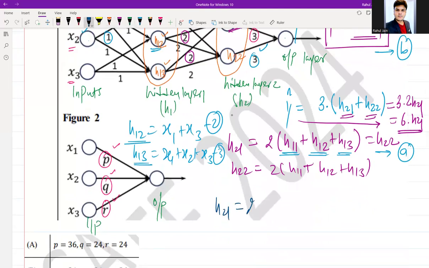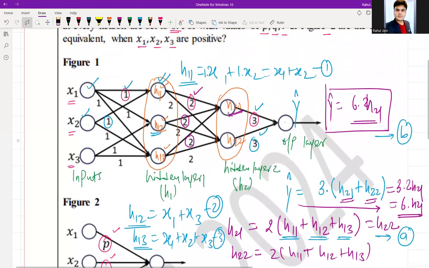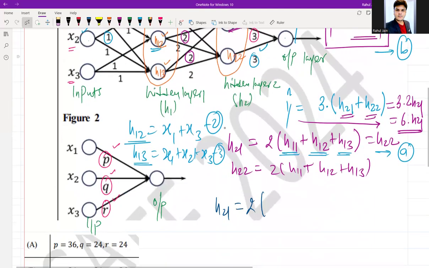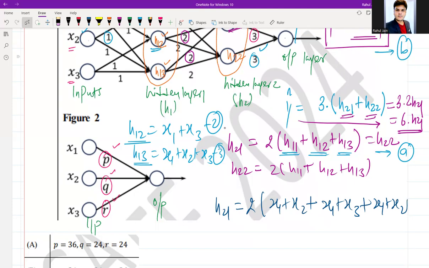H21 equal to 2 into what is h11? So h11 is x1 plus x2. So x1 plus x2, what is h12? Using equation 2, x1 plus x3. And what is h13? Using equation number 3, x1 plus x2 plus x3. Correct?